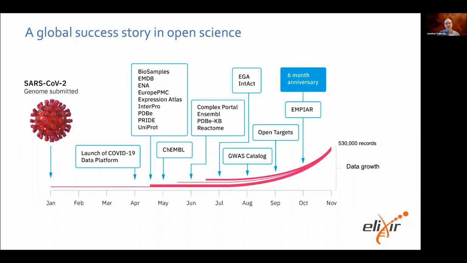With the launch, even by April, we'd got a first iteration of that platform available, bringing together many of these cloud computing resources, as I've mentioned. And increasingly, you can see how additional resources were added. Some of them came later because of their size and complexity, for example, the EGA. But as you can see there, of order of 500,000 records now available for all scientists across the world using and working on these resources in support of the pandemic.